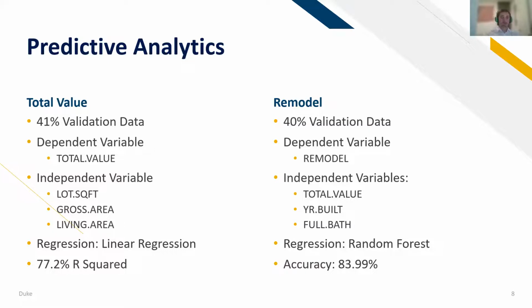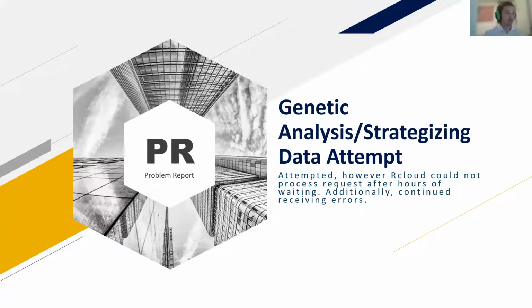From there, I tried to jump around to genetic analysis and strategizing with data, and I attempted this. However, with multiple hours of work and waiting for R to reboot, the RAM kept getting stuck and crashing the whole program, as well as giving errors when I was trying the strategizing data attempt.